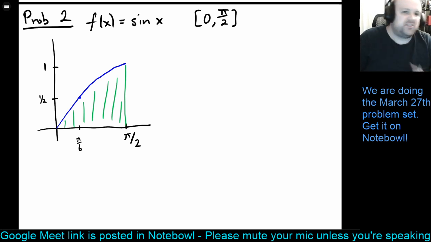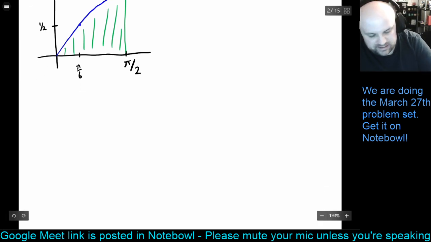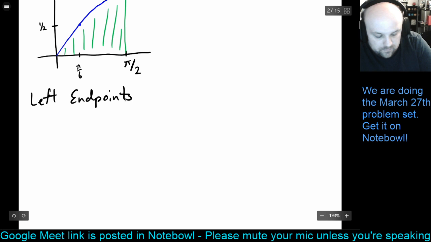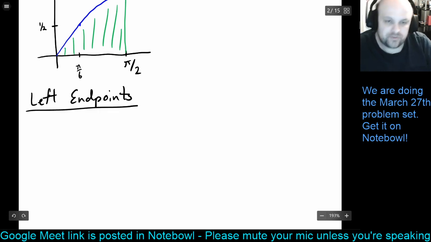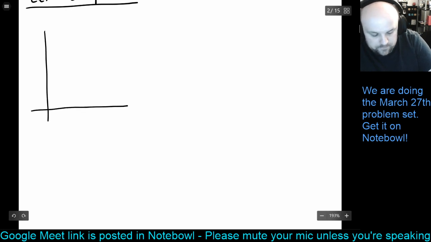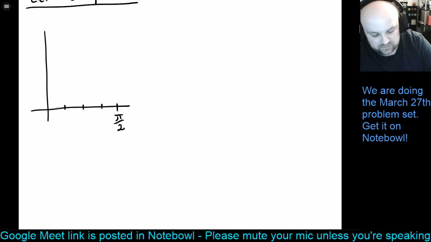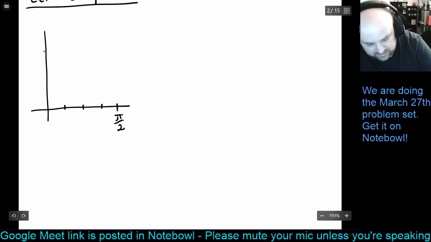So let's start by drawing a picture of what we're doing for this. Okay. So we'll start with left endpoints. We're going to divide our interval. We want 4 rectangles, so I'm going to divide the interval from 0 to pi over 2 into 4 pieces. Say here's 1 up here.